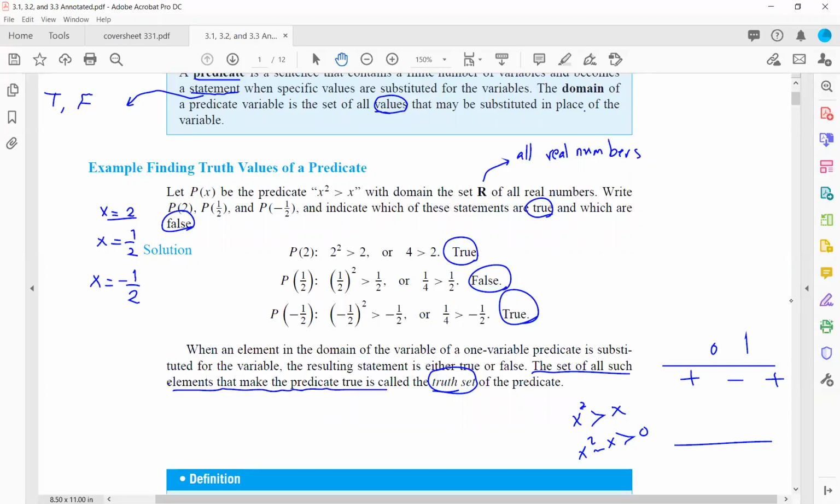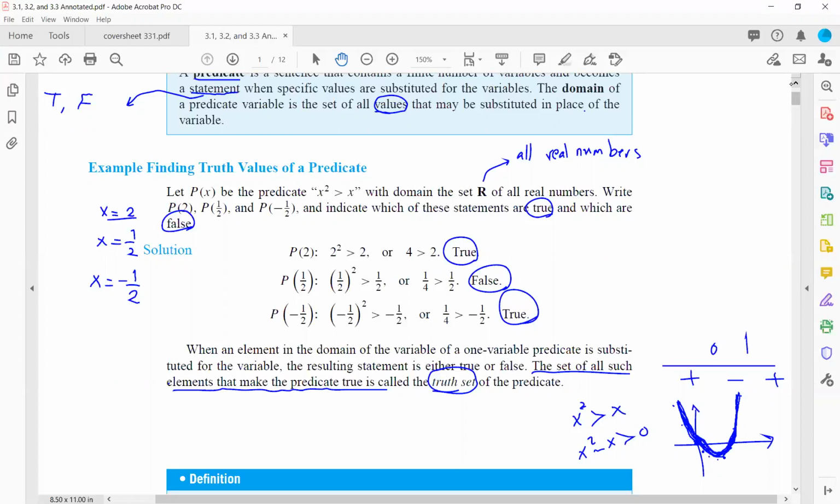So you have a graph that passes through 0 and 1, and it behaves like this. Since your domain is all real numbers, you can connect all of these points together, and this is the graph of this function.